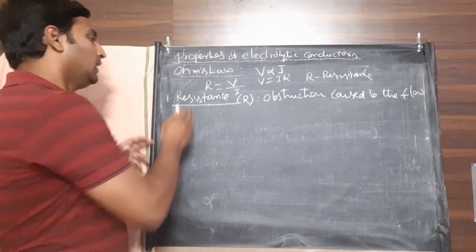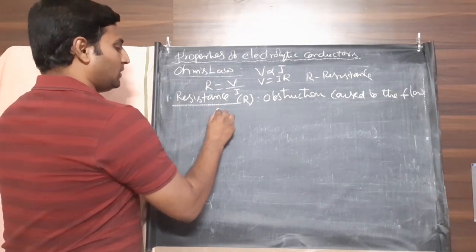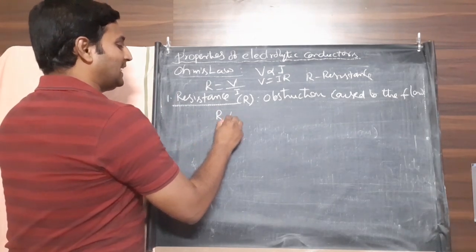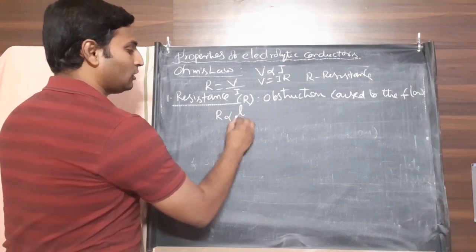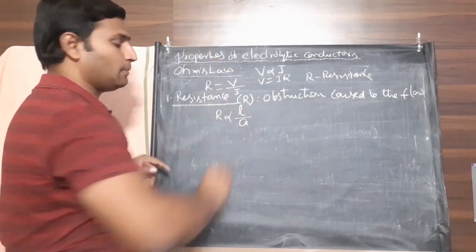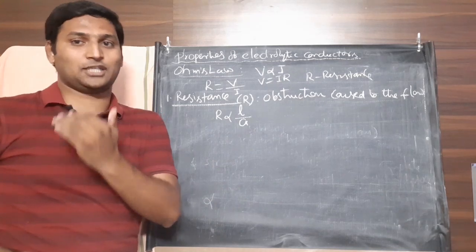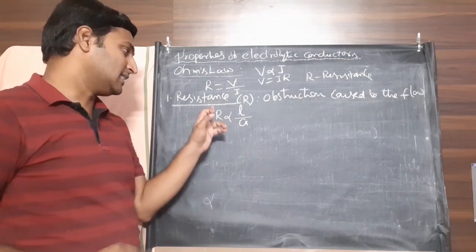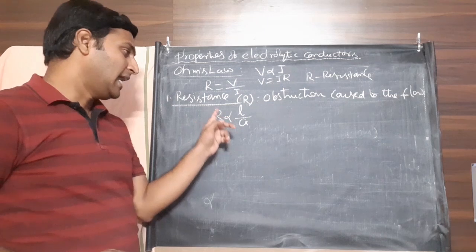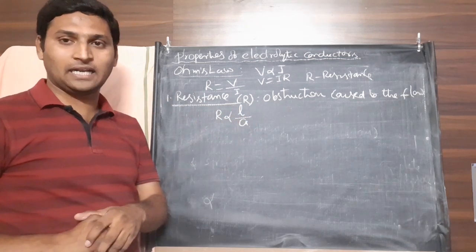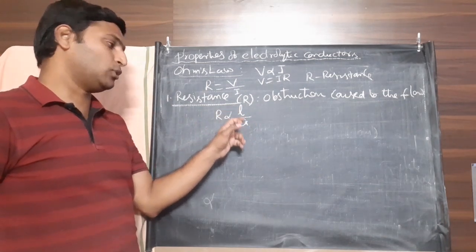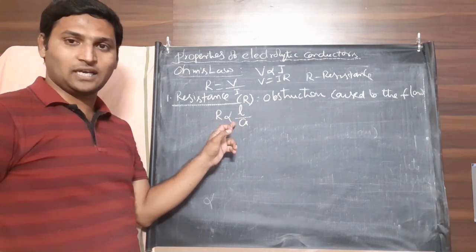Now, see, the resistance will be directly proportional to the length of the conductor and inversely proportional to the area of cross section of the conductor.